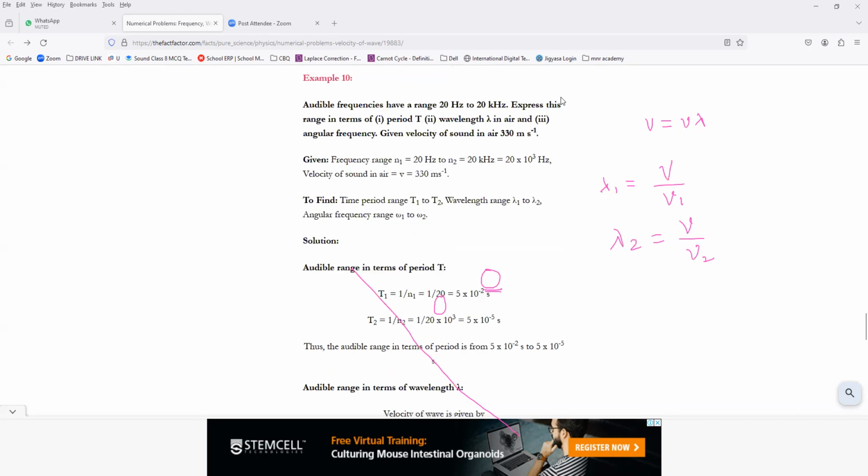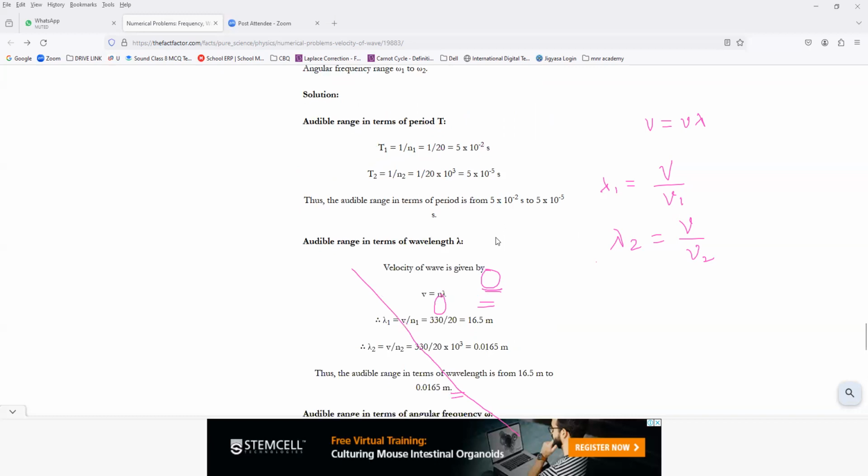How much is the wave speed given in the question? You can find it here. The time period is equal to 1 by frequency. That will give you the time period, and you can calculate the wavelength and velocity. That's all.